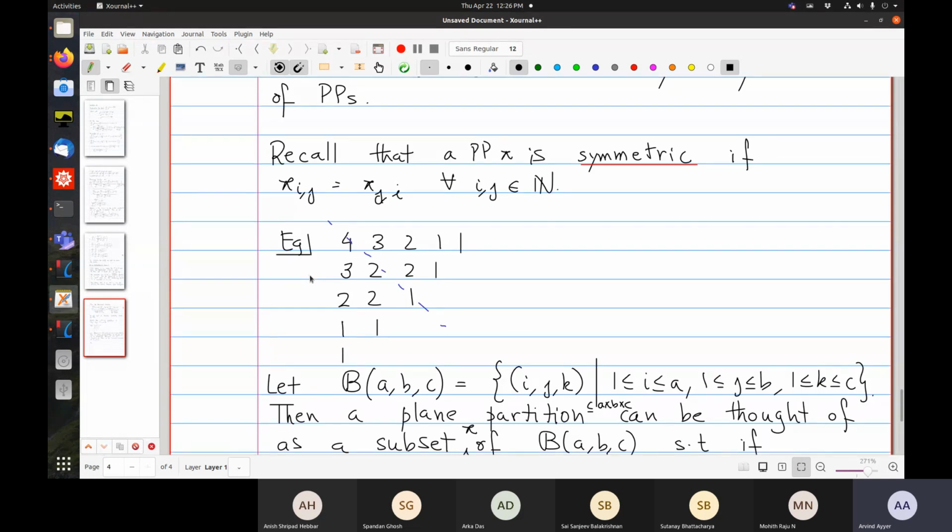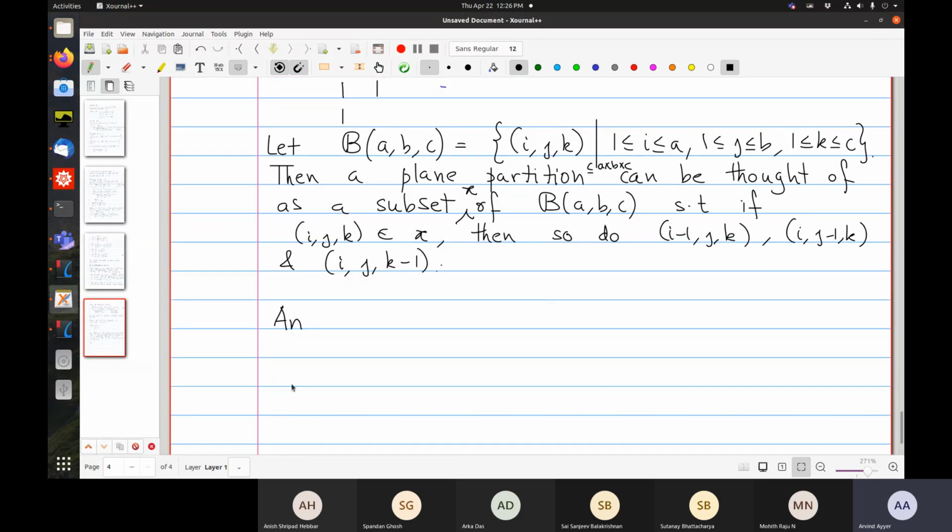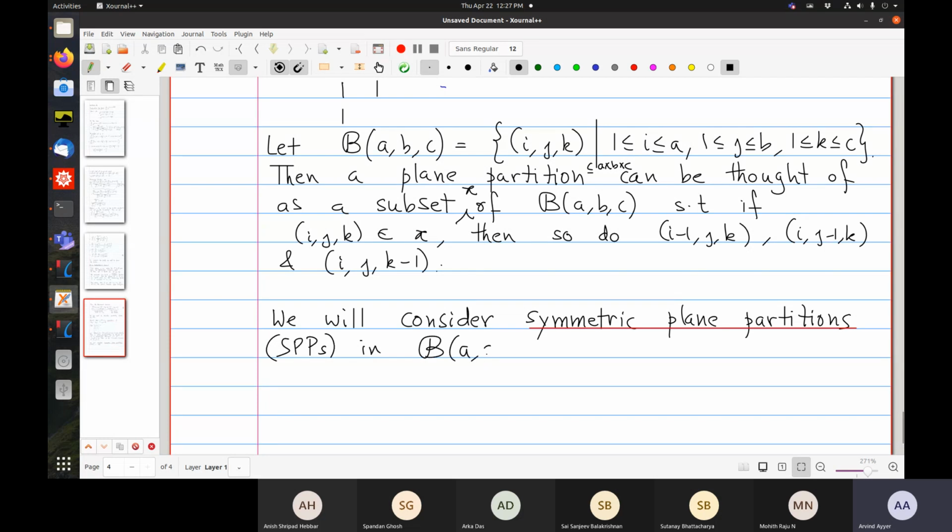Okay, let me see. Okay, need some notation. So we will consider symmetric plane partitions, SPPs, in BAAC, right?